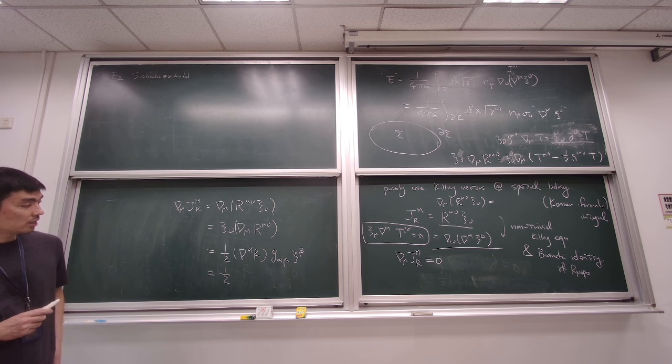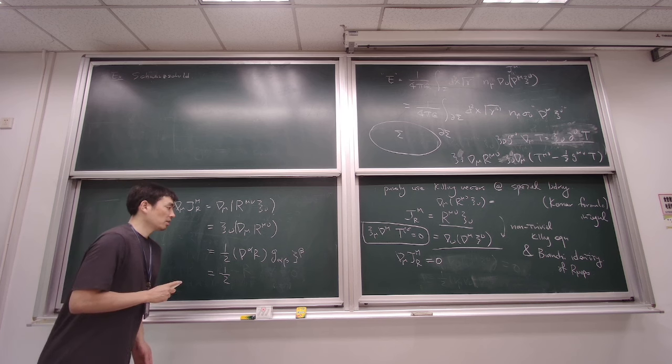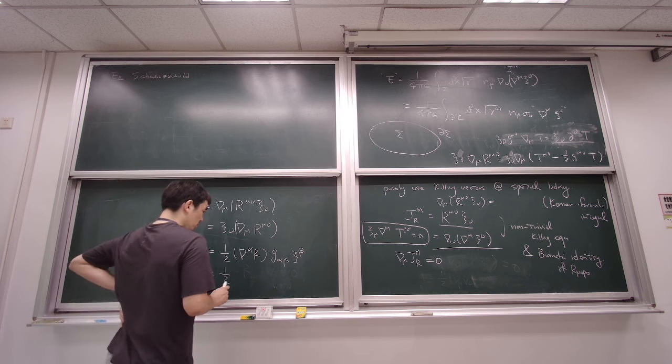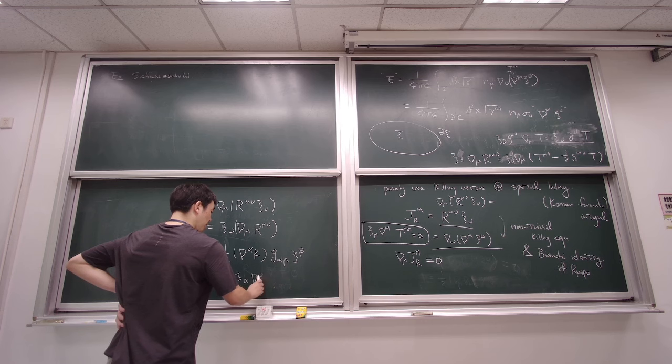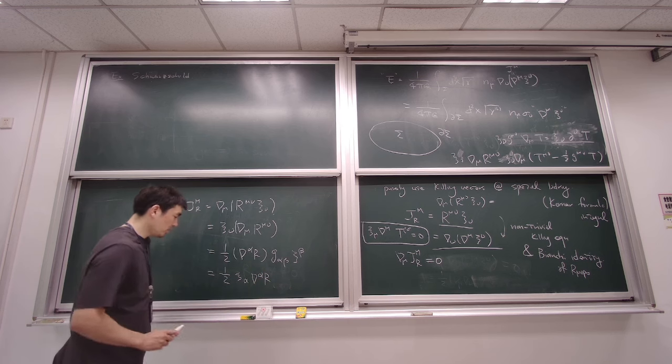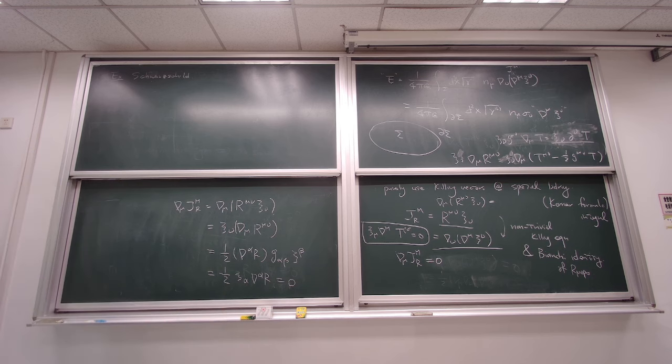Okay, let's accept that. So this is C alpha del alpha R. Okay? And this is equal to 0? Yes, because this is a Killing vector.